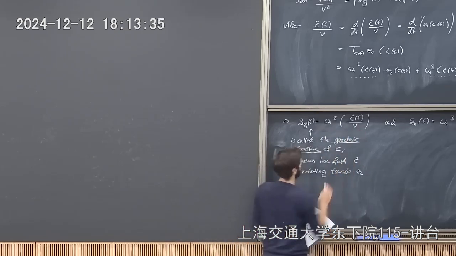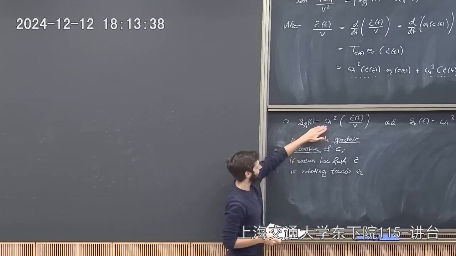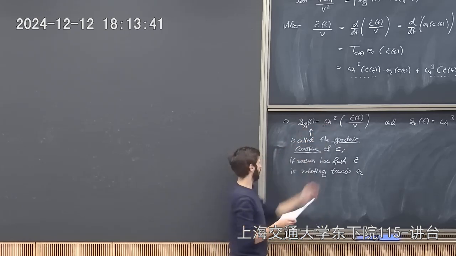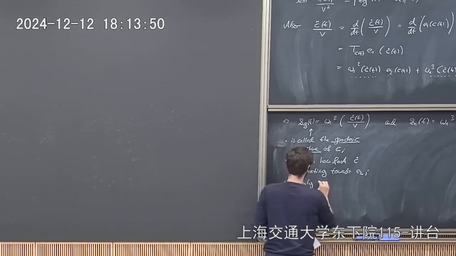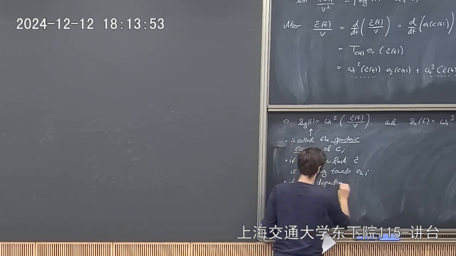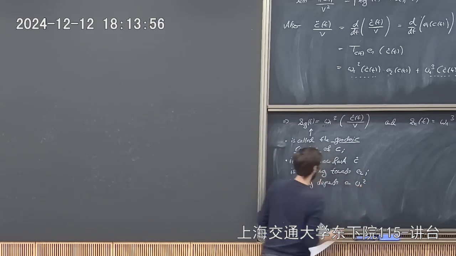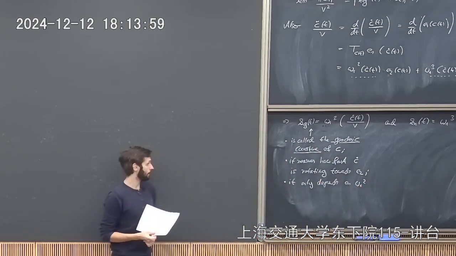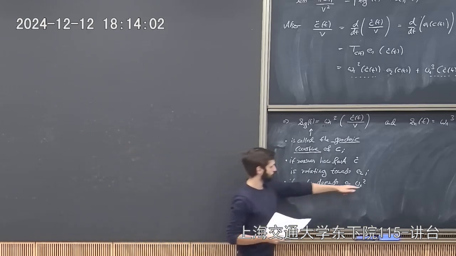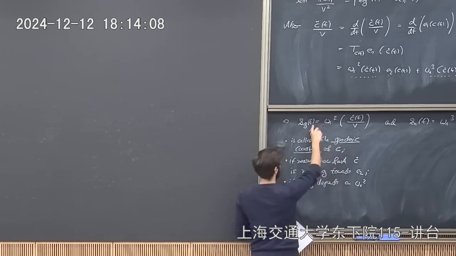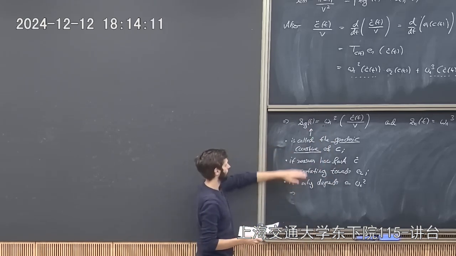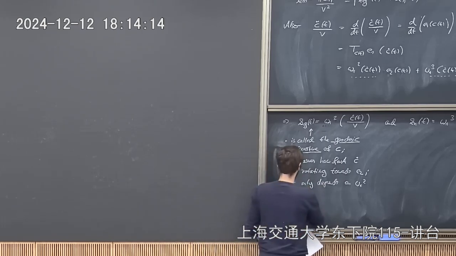And this formula, that's why I wanted to write it like that, only depends on omega 1, 2. And we have seen last time in quite some length that omega 1, 2 is the intrinsic part of the connection. So, because the geodesic curvature also only depends on omega 1, 2, it is intrinsic.